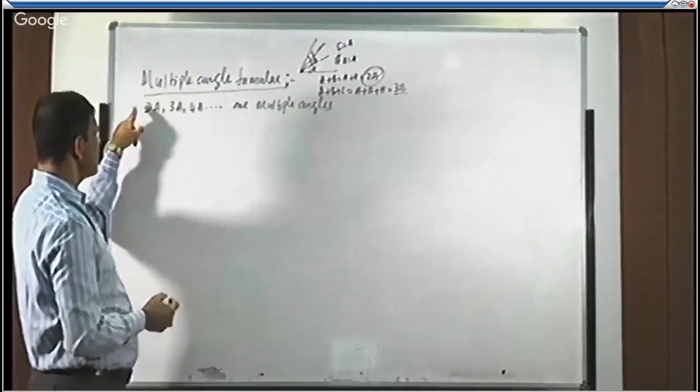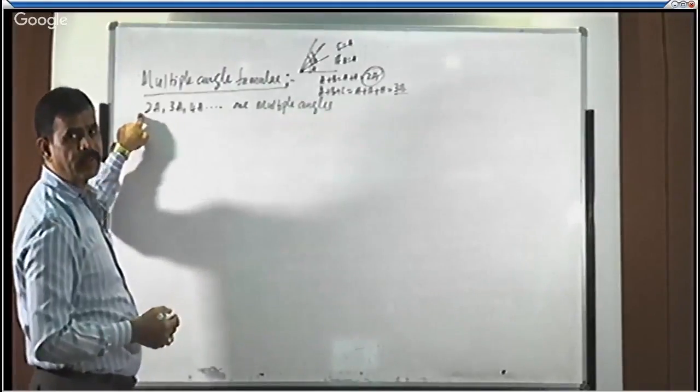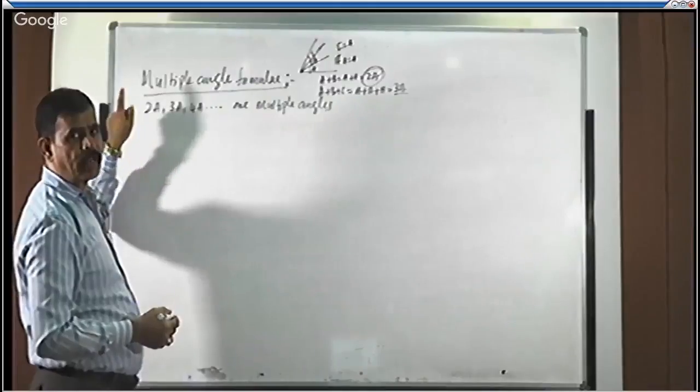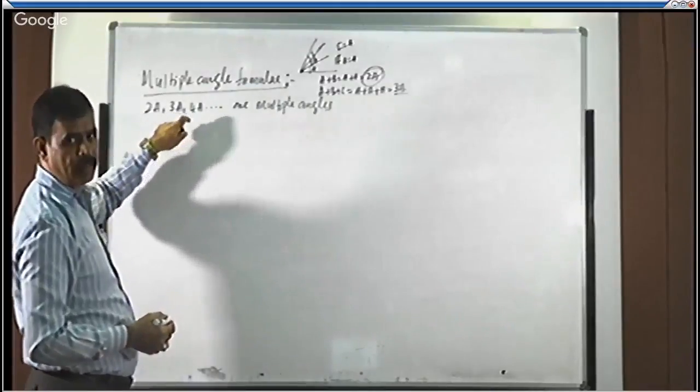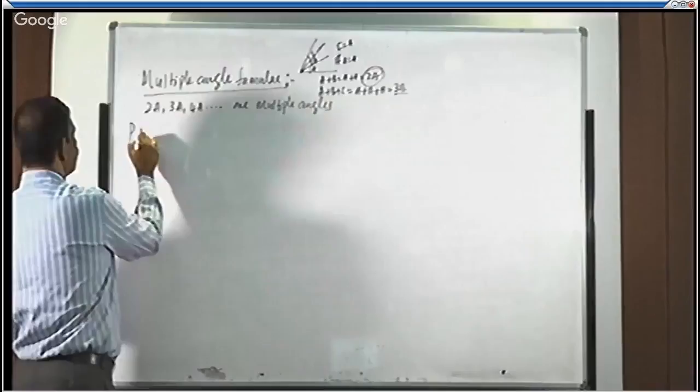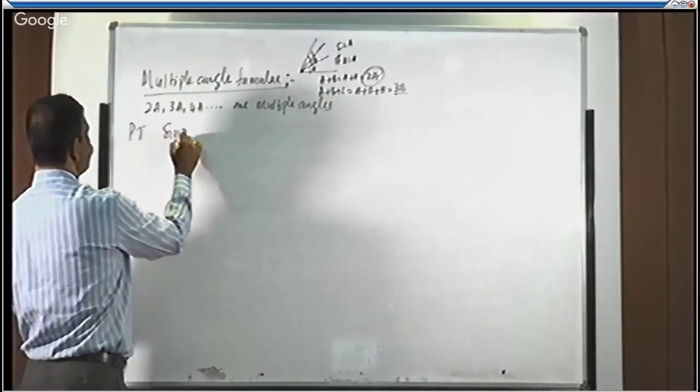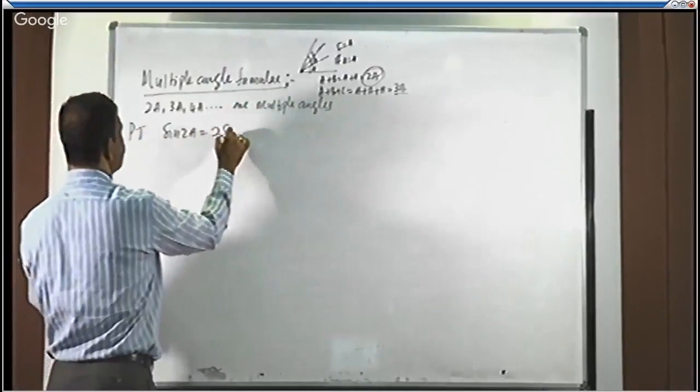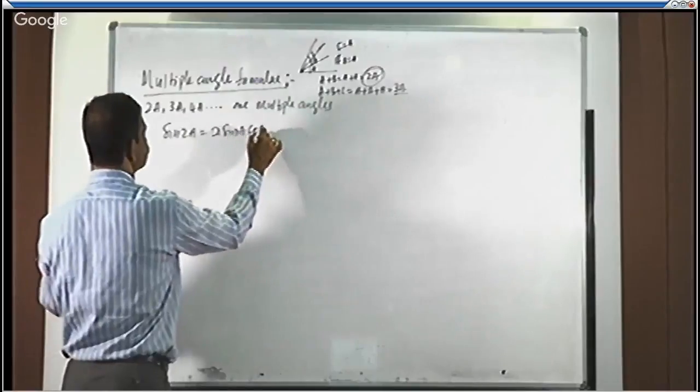If I take the trigonometric ratio of these, sin 2A, cos 2A, tan 2A, sin 3A, cos 3A, like that. Okay.